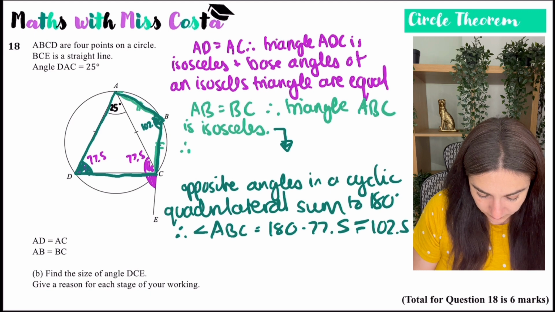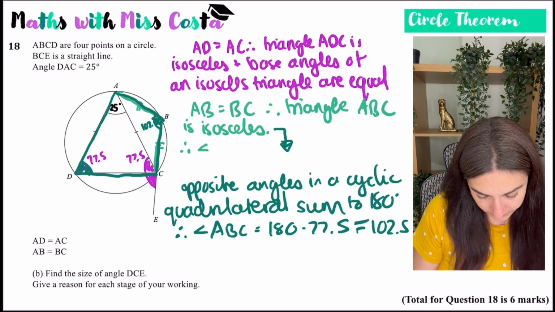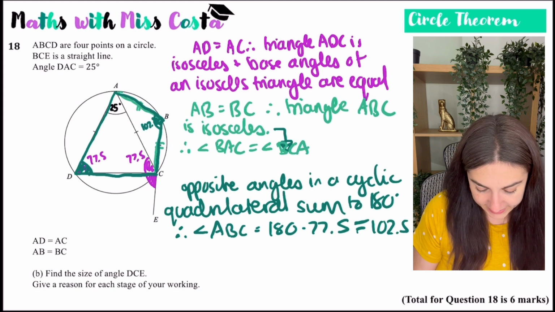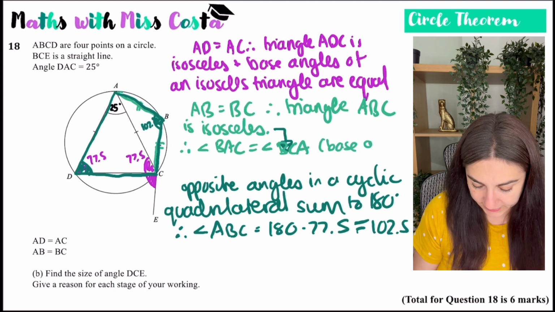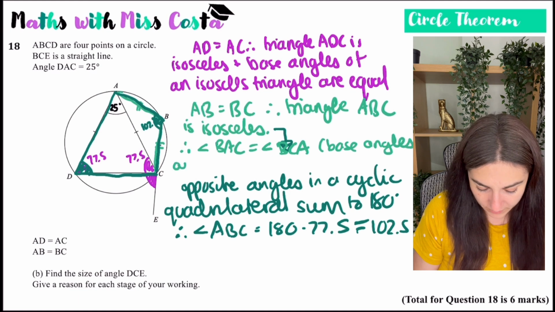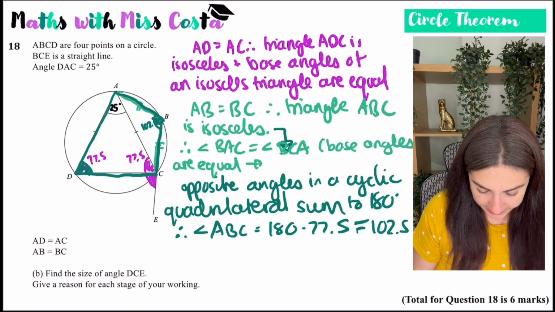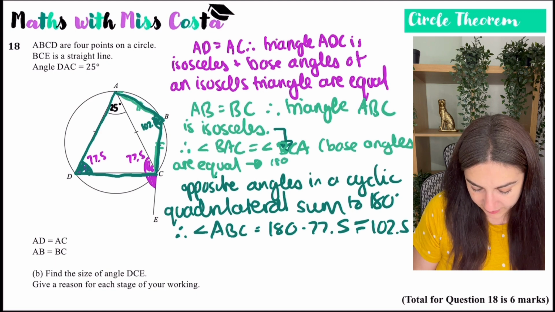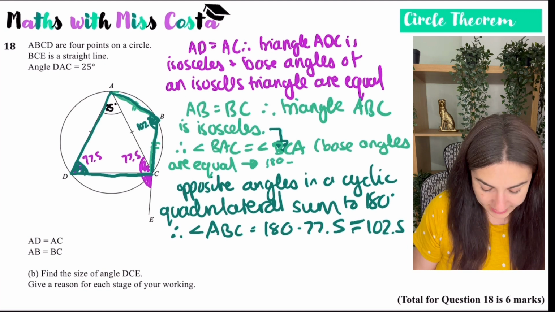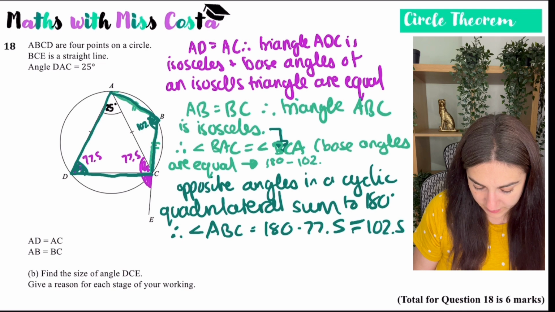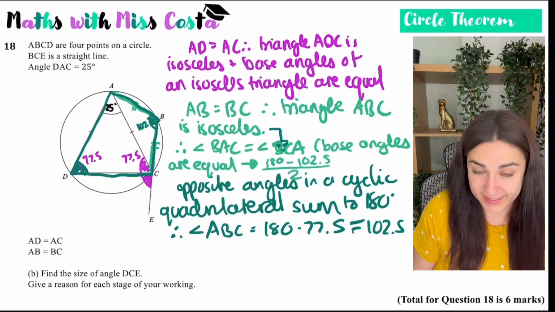Therefore, angle BAC equals angle BCA, as base angles are equal. And the working I do is 180 take away 102.5 divided by 2, because there's 2 of them.